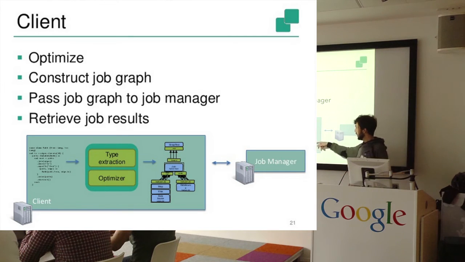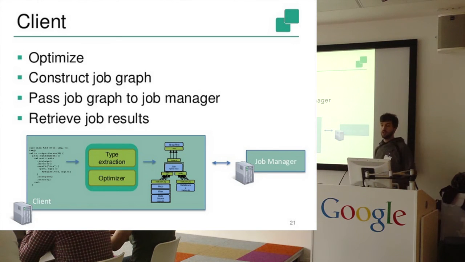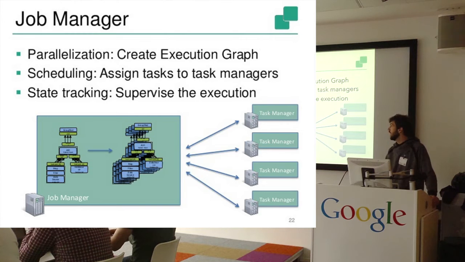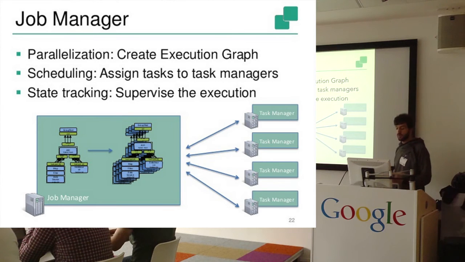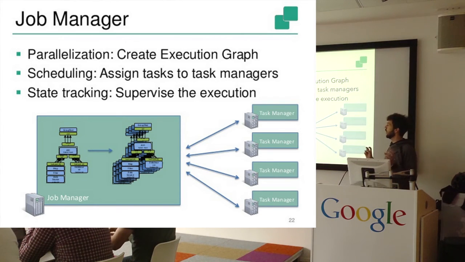And after that, Flink constructs the data flow graph, which is then passed on to the job manager, where it's being executed. The job manager receives this graph and constructs another graph, which we call the execution graph, which is basically just the parallel version of this normal data flow graph.